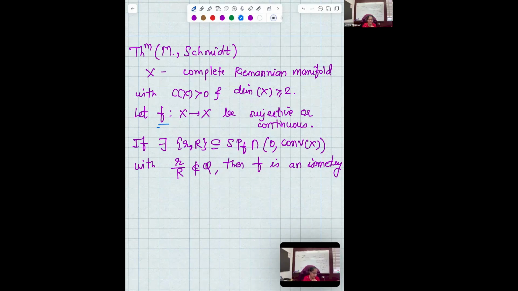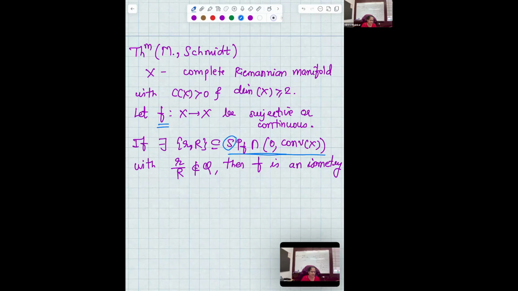Suppose now there is a hypothesis on f, the function f, let it be continuous or surjective. And then there is more hypothesis on what kind of numbers this has. Remember, this is not just PF. We couldn't get rid of S yet. So these are the strongly preserved distances.